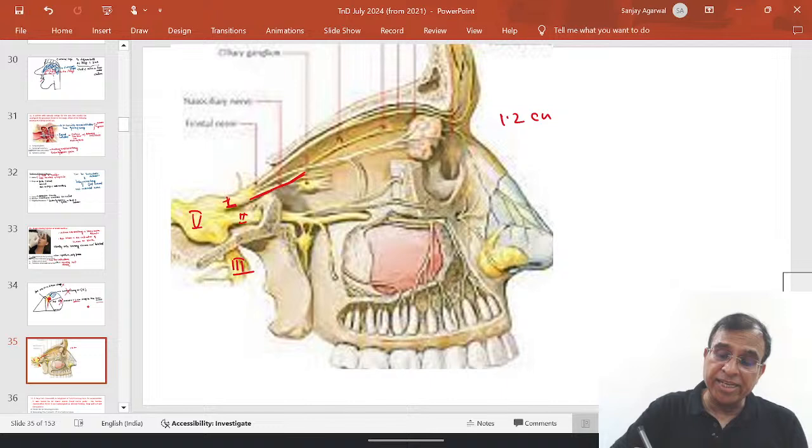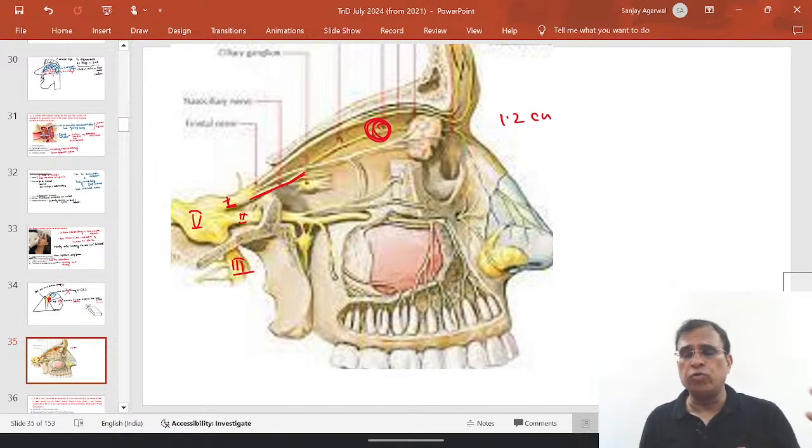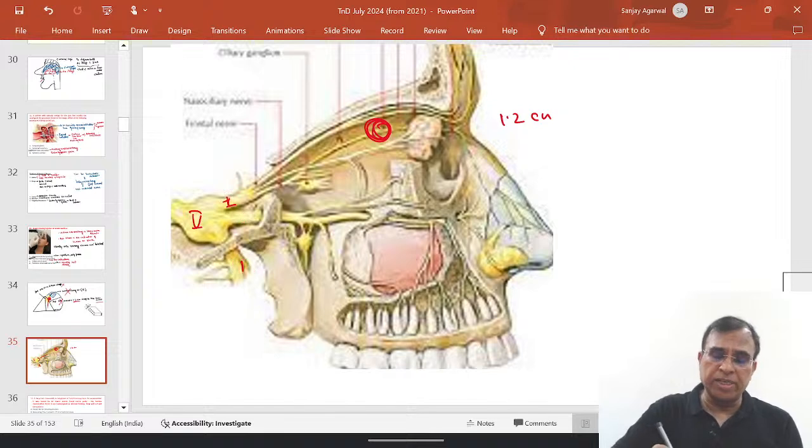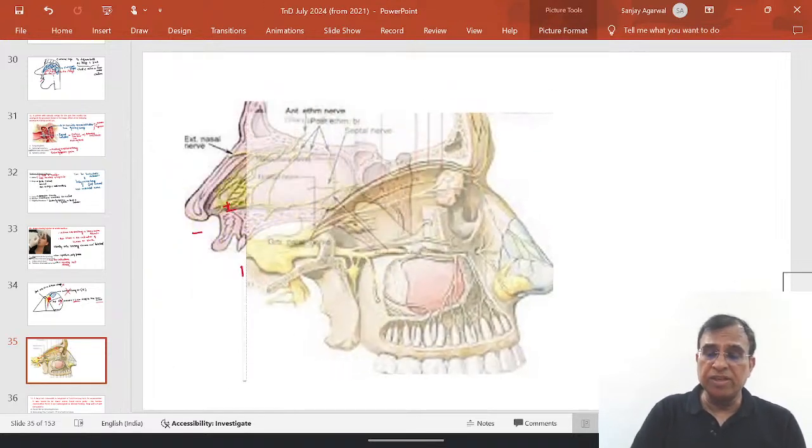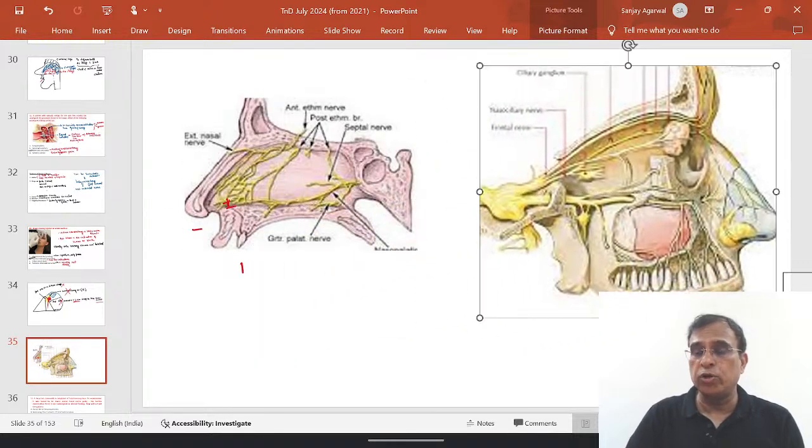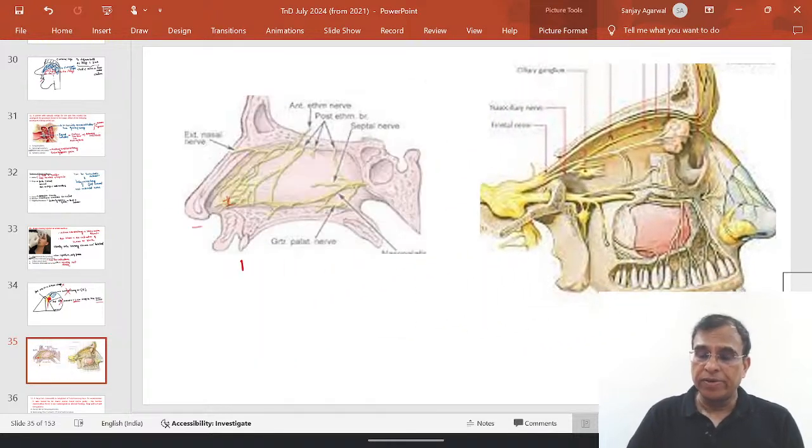But this branch cannot get blocked because it is quite far off. If you inject xylocaine here, this branch, the posterior ethmoidal nerve, is not affected, and we don't want to block the posterior ethmoidal nerve. It is useless blocking that. I hope this will clarify any doubt that you had, right?